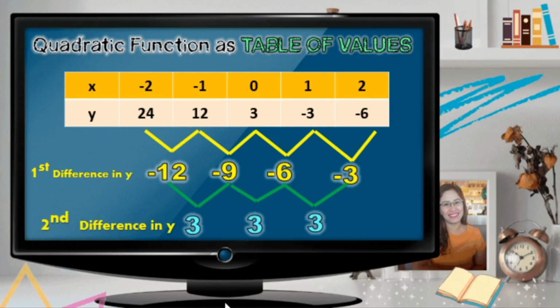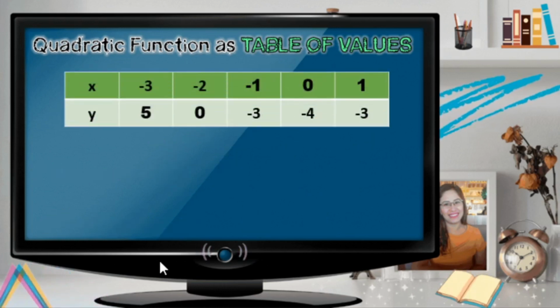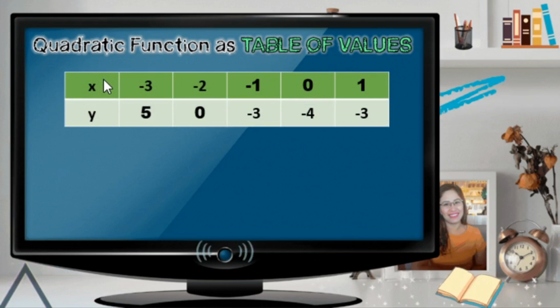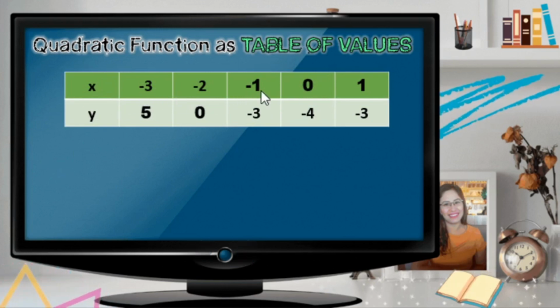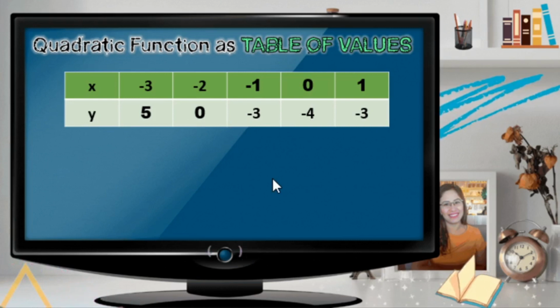Kindly observe another table of values, x and y. The values of x are negative 3, negative 2, negative 1, 0, and 1. And the values of y are 5, 0, negative 3, negative 4, and negative 3. Let us find again the difference in y.